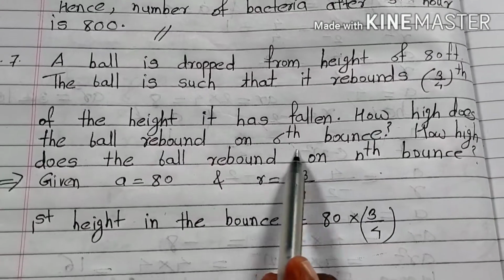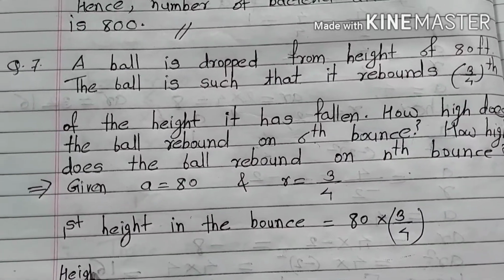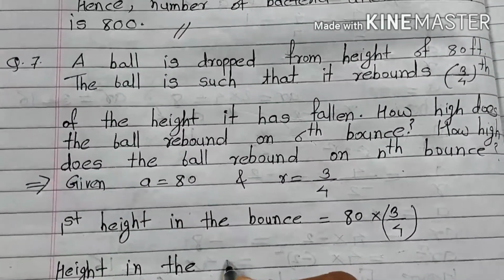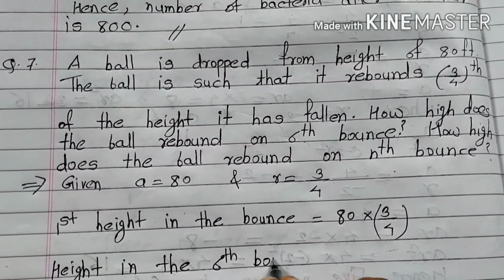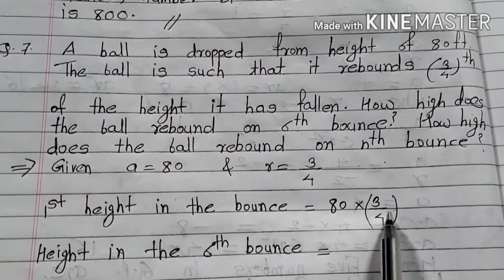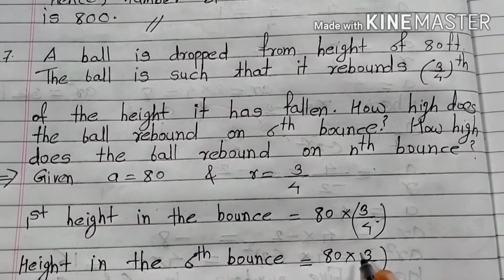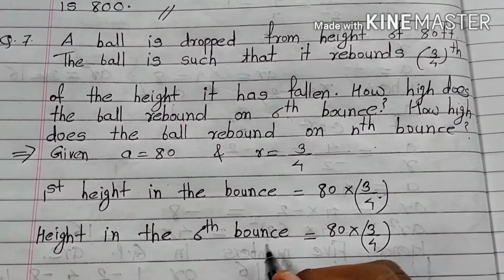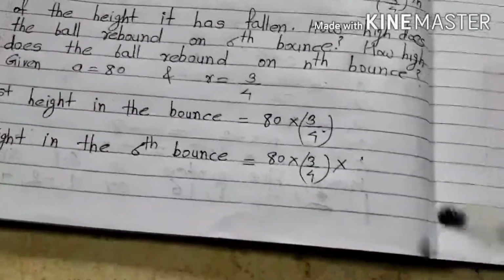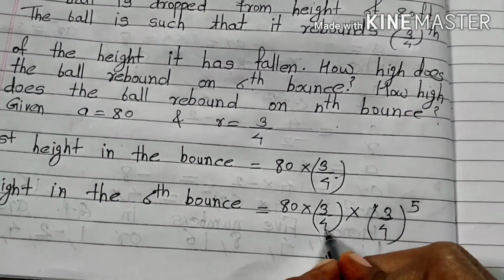Now we have to find the sixth bounce. So height in the sixth bounce is equal to. Now this is the first height, so remaining 5 heights. This is first, so write as it is. And now we have only the remaining 5 heights to calculate, only rebounds. So rebounds is 3/4 raised to 5 because here it is first.